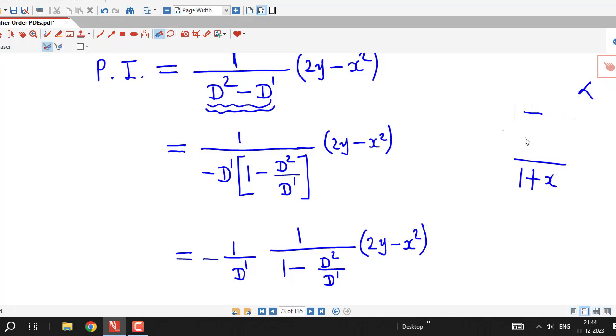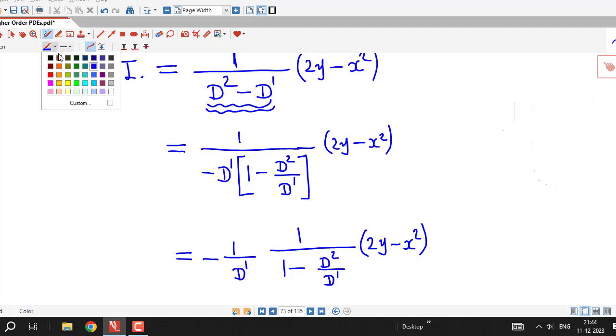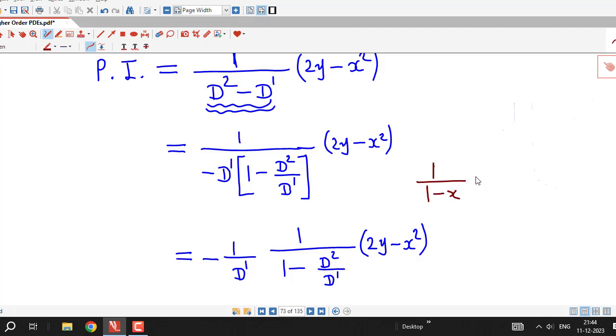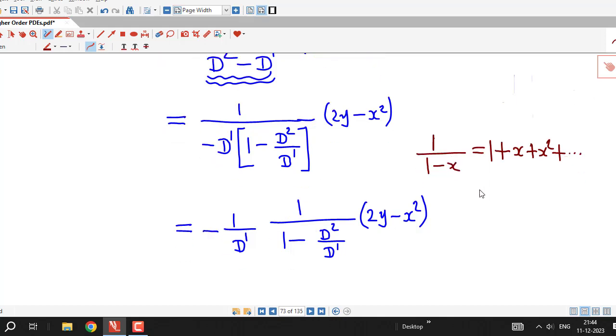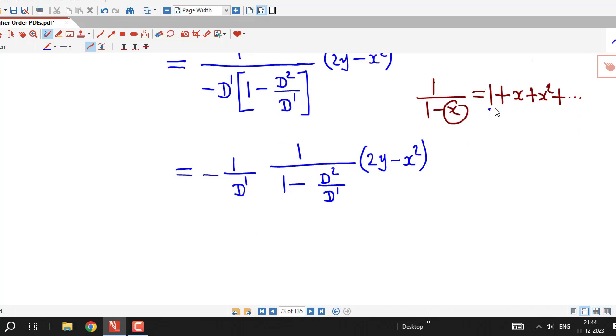Now we can observe that this 1 over 1 minus D square by D' looks like 1 over 1 minus x, and we know that we can write this as an infinite series as 1 plus x plus x square and so on. Every term is positive, in increasing powers of x. So this we have to apply here. Instead of x we have D square over D', so we replace x by D square over D' in this series on the right hand side.